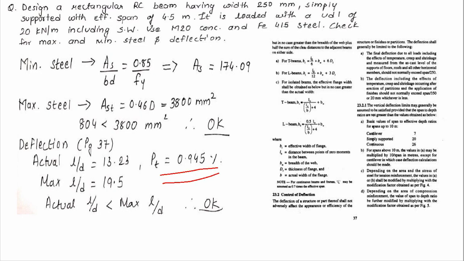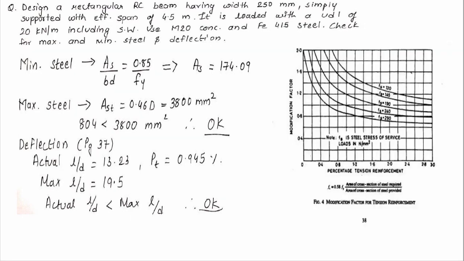Now to calculate MF, some questions were raised regarding that. If we take the value of MF, we need to find the equation of Fs. Fs will be equal to 0.58 Fy into AST required upon AST provided.